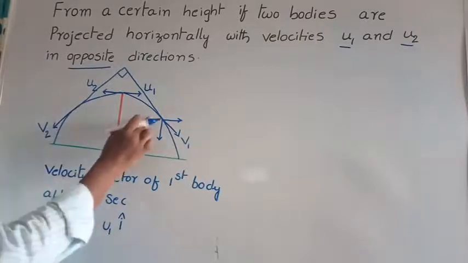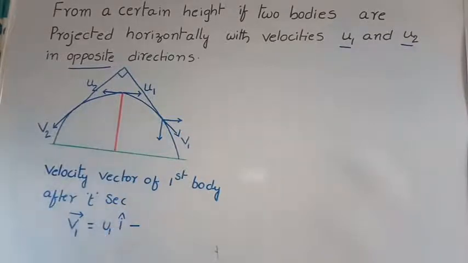The vertical component is acting in the downward direction, that's why we take it as minus, and the vertical velocity is gt, so it is gt into j cap.